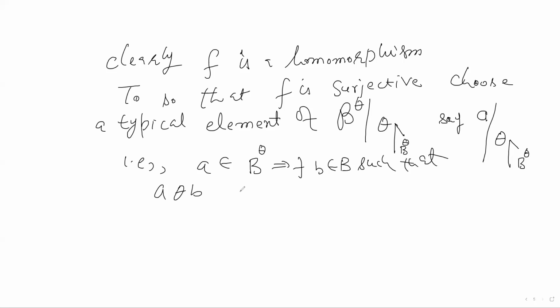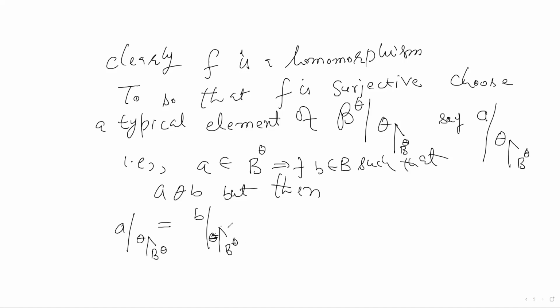But then this class A over theta restricted on B theta, since A is theta related to b, these two classes are the same as b over theta restricted to B theta.